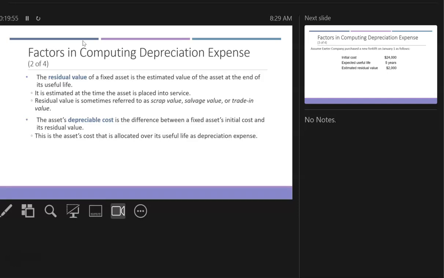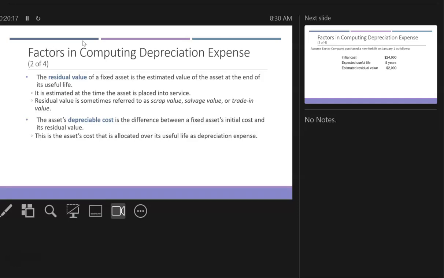Sometimes you call it scrap value, salvage value, or trade-in value. The depreciable cost of an asset is the fixed asset's initial cost minus its residual value. That amount is what we're going to use to depreciate it over its useful life.